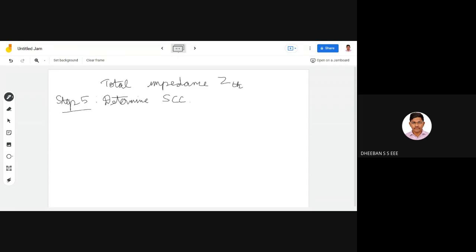How we will be doing that, I will tell you. At the initial stage, you have to draw your Thevenin equivalent circuit.